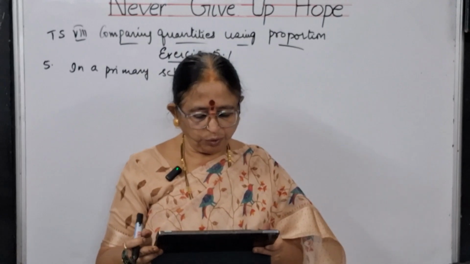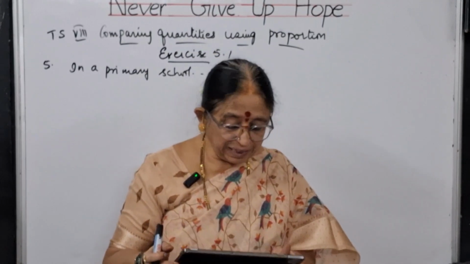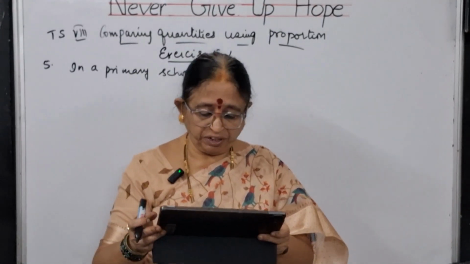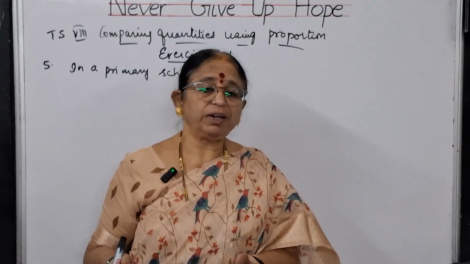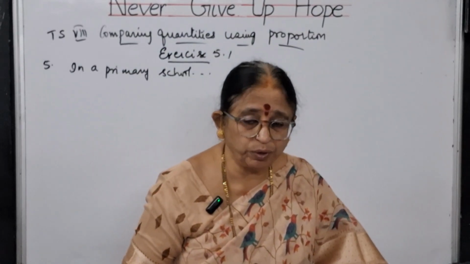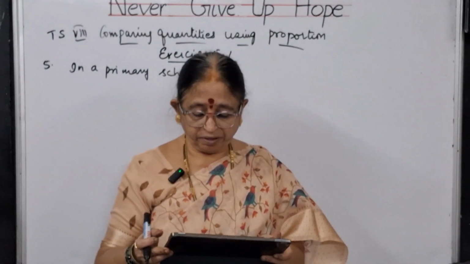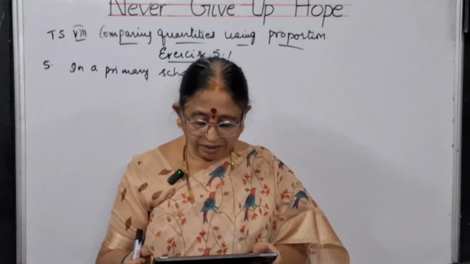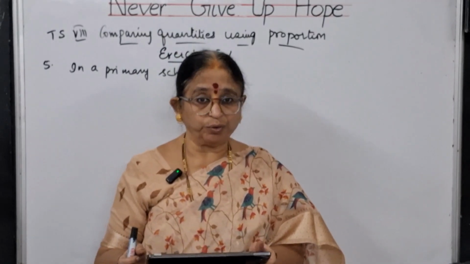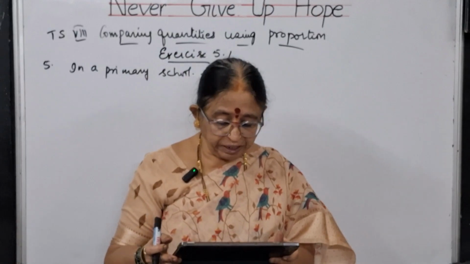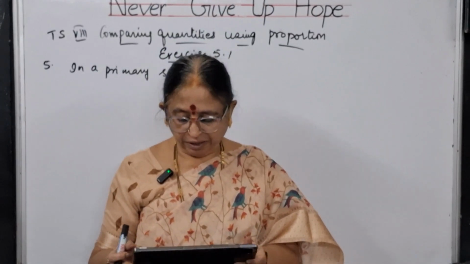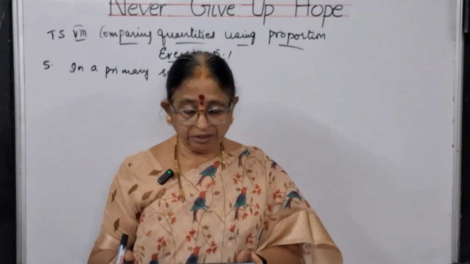In a primary school, there shall be 3 teachers to 60 students. So in one primary school, the teachers are 3 for 60 students. If there are 400 students enrolled in that school, how many teachers should be there in the school in the same ratio?